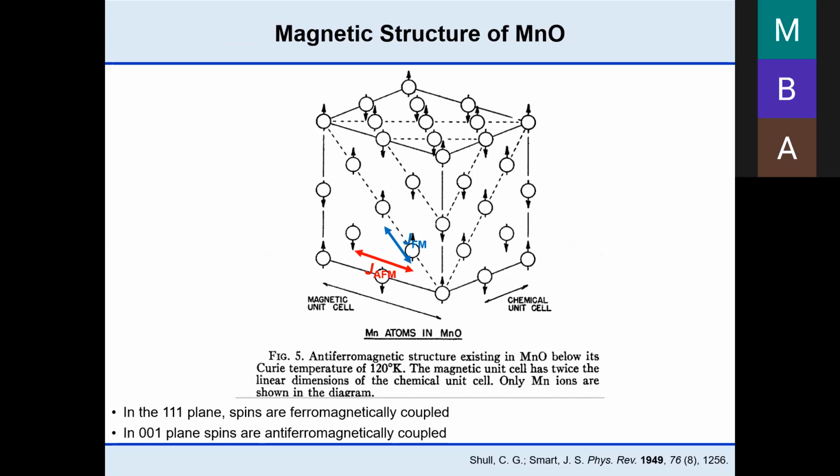So in the 111 plane, which is denoted by the dotted lines shown here, we can see that the spins are lined up ferromagnetically with respect to one another, which is a result of this 90-degree orientation of these ions with respect to oxygen. Whereas if we're in the 001 plane, which is here, it's worth noting that this plane contains the oxygen atoms in the structure. The exchange interaction is largely antiferromagnetic, as denoted as JAFM.